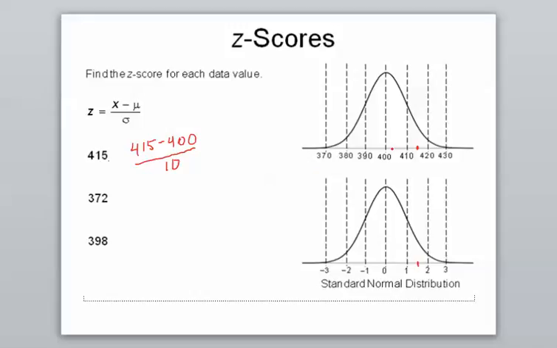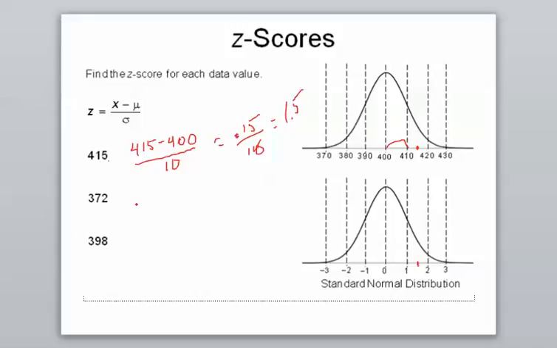How did I know the standard deviation was 10? Well, the difference between here and here is 10, right? And so what do I get? I get 15 divided by 10, and that's 1.5.